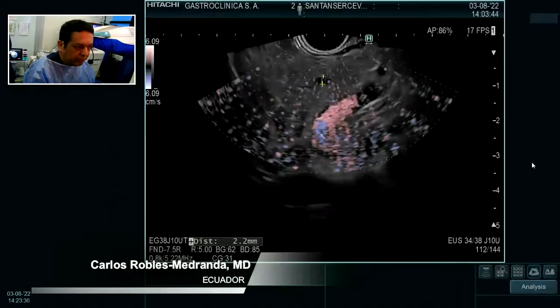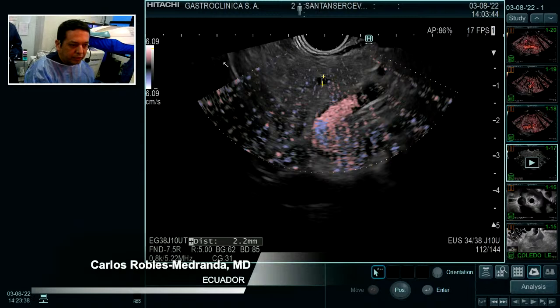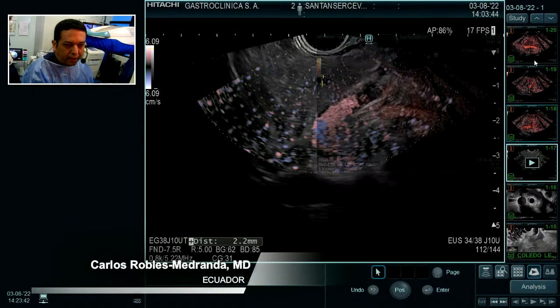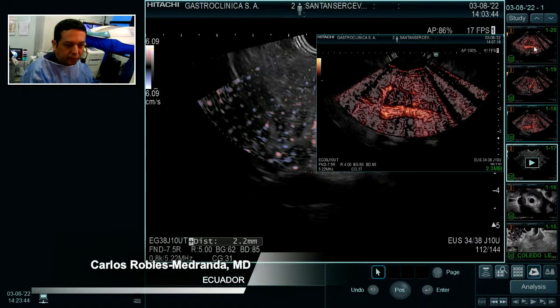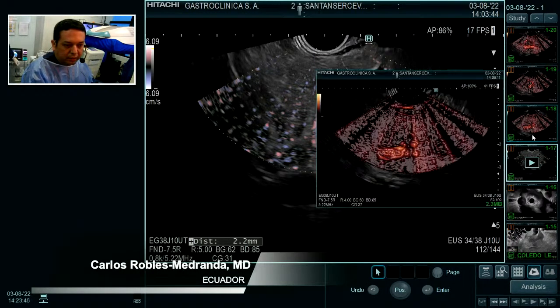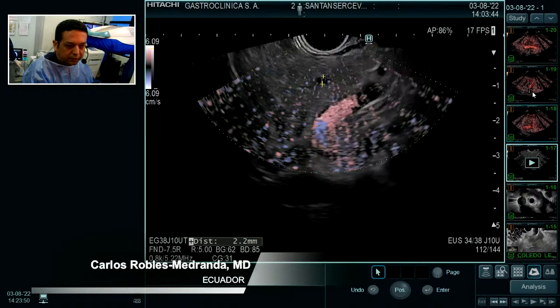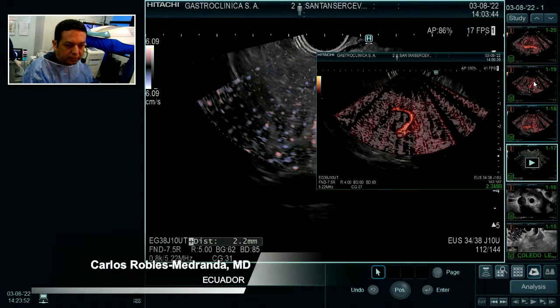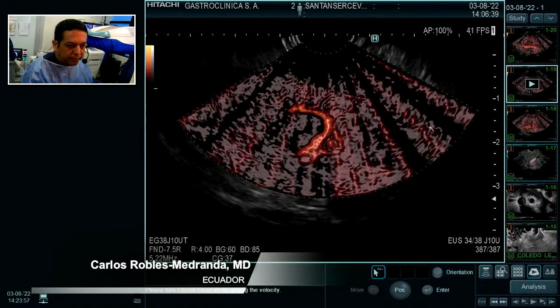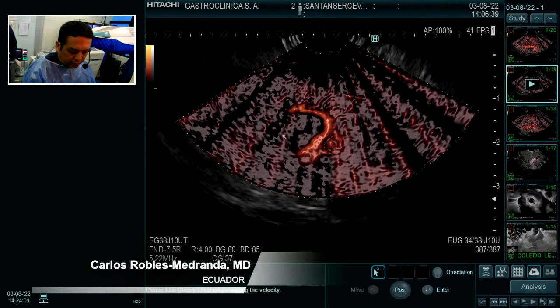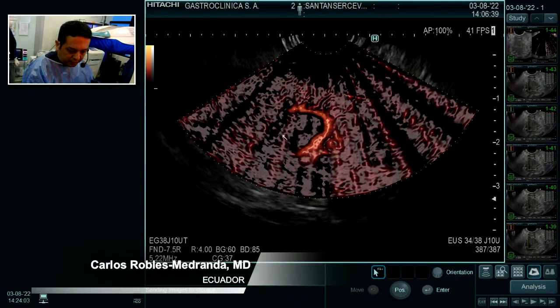You see here the splenic vein, and when we look here, we see many vessels. Let me see what is the better image. This is a good image from the same region, and you can see here the microvascularization. So this is a very interesting technology that we can use now.